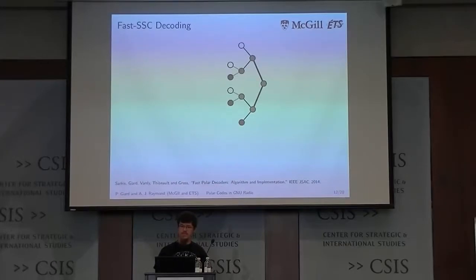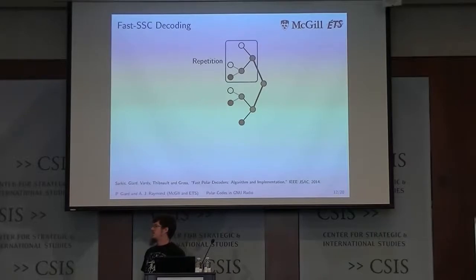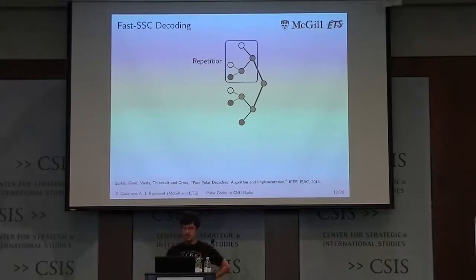FastSSC, how does it work? It recognizes more patterns and uses more efficient algorithms on those subtrees to decode them. So the pattern we have up there is called a repetition code, because if you look at how the encoder works, effectively our little black node there gets repeated a number of times. So we don't need to do regular successive cancellation that works for the general case.